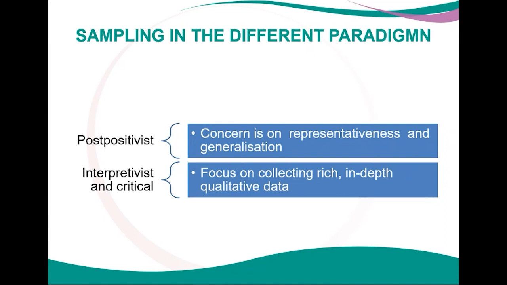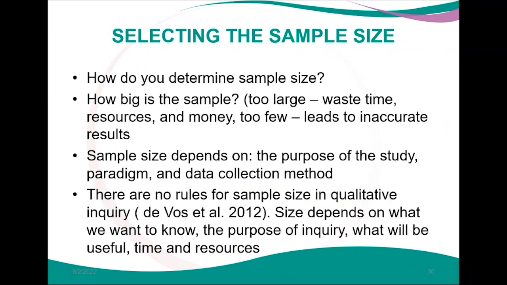So like I said, their concern is for generalization, whereas in qualitative, the concern is not on generalizing. That's why I said context with qualitative is important, because whatever information or theory that you are going to generate from your study will only be relevant to your particular context in a qualitative study, whereas in quantitative it's different.